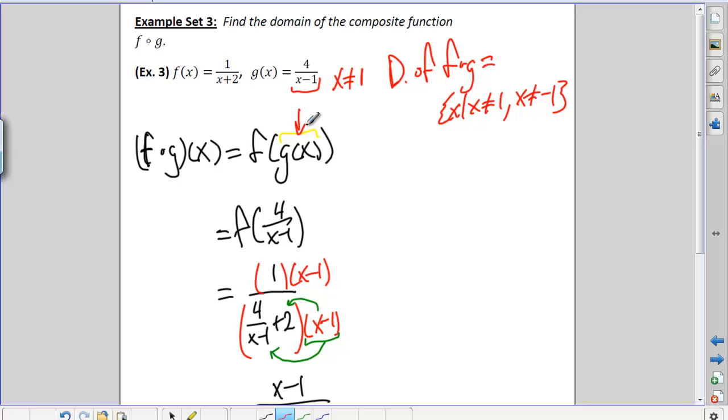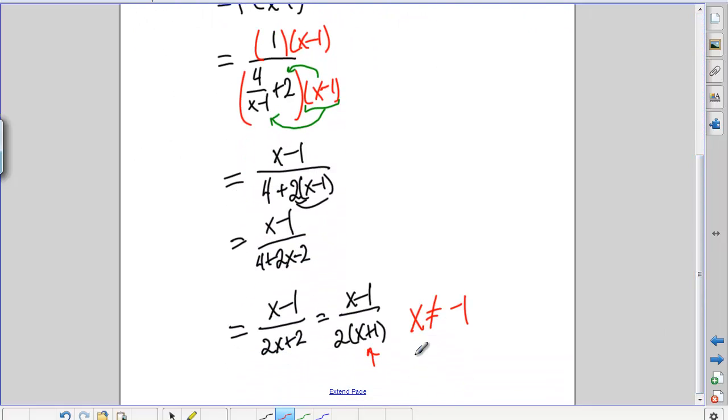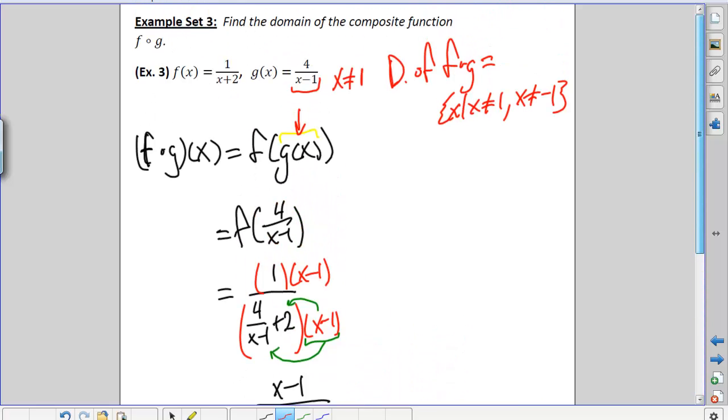The second part is, okay, go ahead and find that composite function, work it all the way down, and then when you get to the end, check and see, okay, are there any x values that don't work in this final piece right here? And in this case, x couldn't be negative 1. And so that's the other restriction that we have on our domain. So that's the two things you check, the inside function and then the final result.